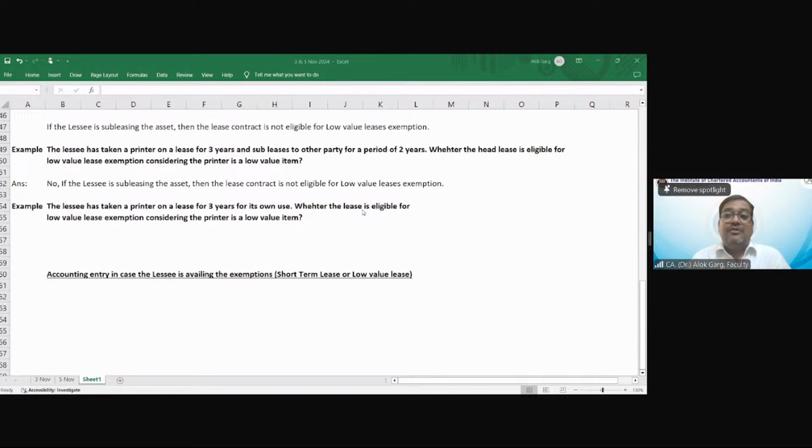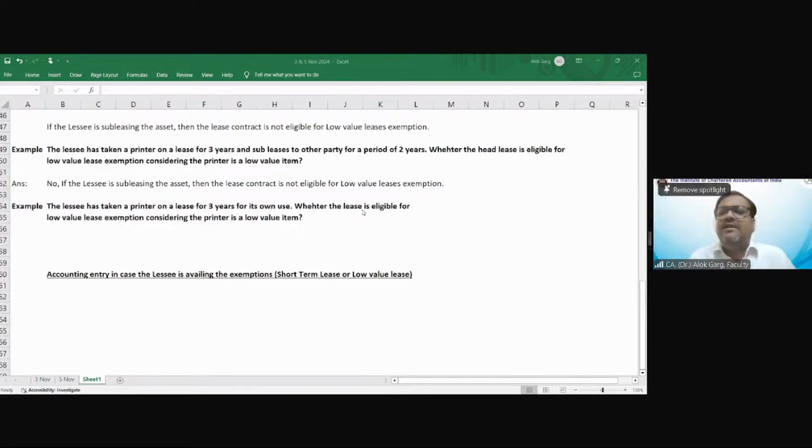Very good. So normally the students get confused that this cannot come under the exemption. You are not taking the exemption of short term lease, you are taking the exemption because it is a low value item. When you are taking the exemption of low value lease, you have to ignore the lease period.